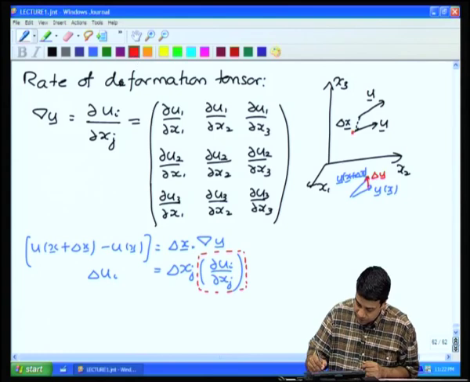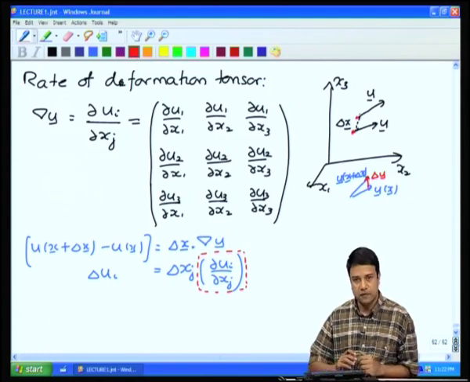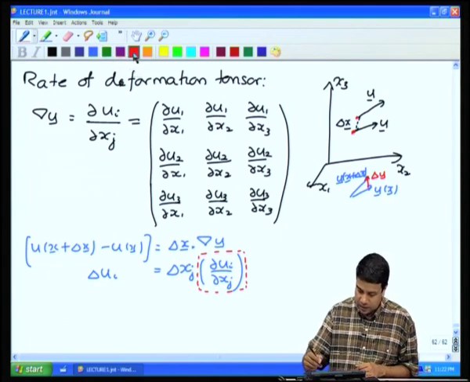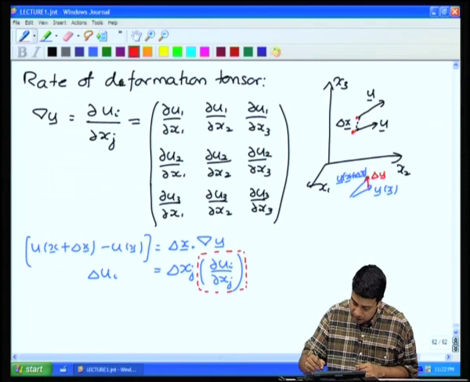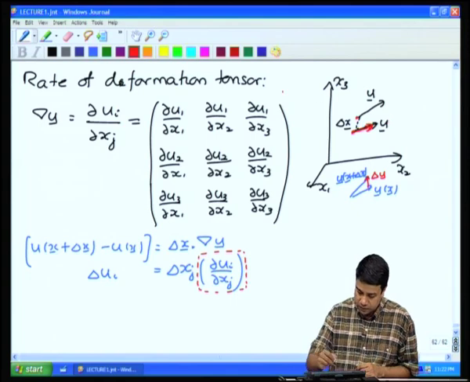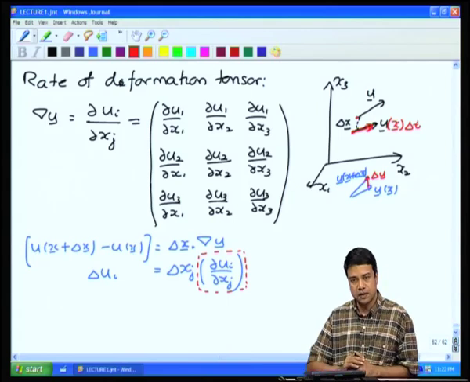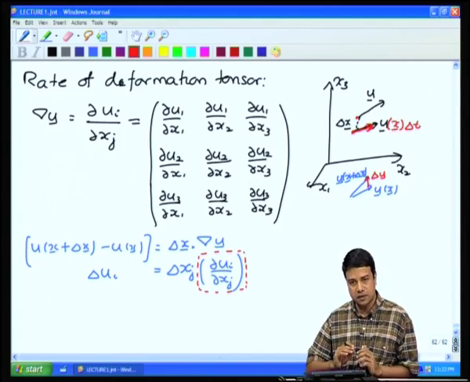The other thing it is telling you is that if I have two nearby points here and I wait some time delta t, the distance that the first point travels, the point at the location x, is going to be equal to u at x times delta t.